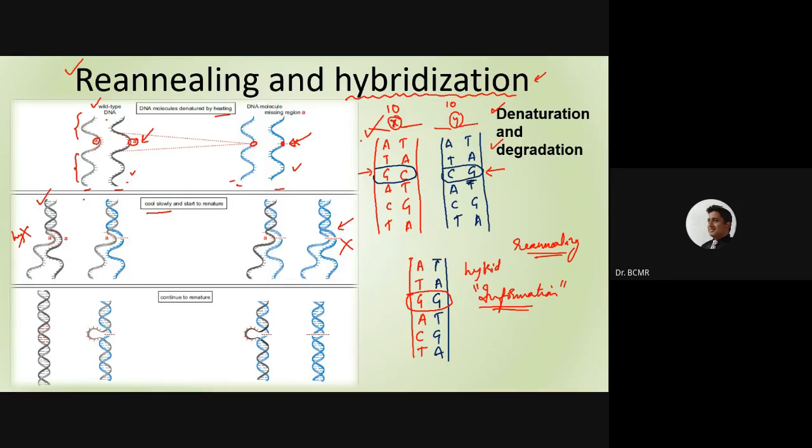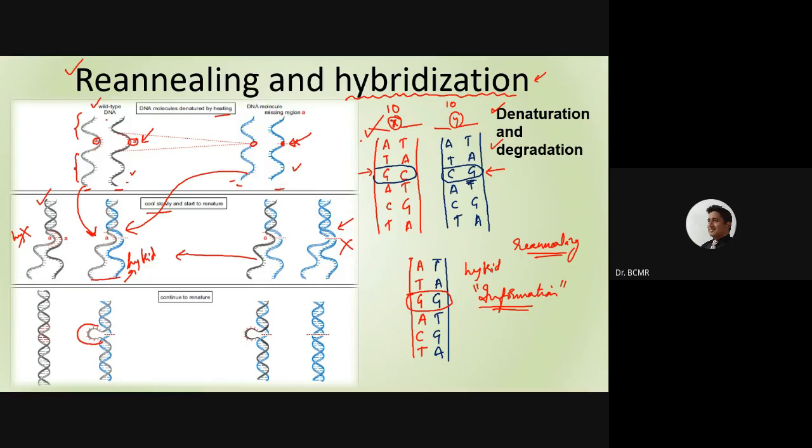But if you have one strand from here and the other from here, two strands coming from two different molecules containing different information, then that is a hybrid. So we have two hybrids here, because there is a difference in their genetic information. That is what will happen, and the extra gene would usually remain like that.